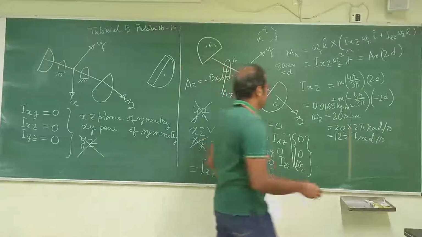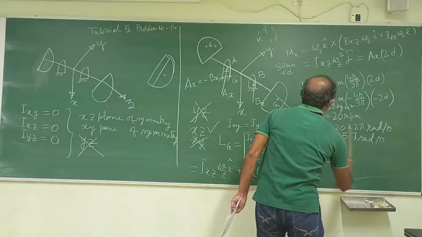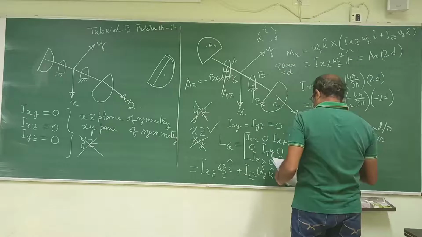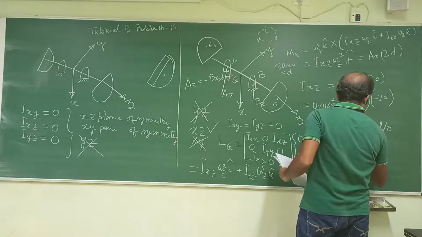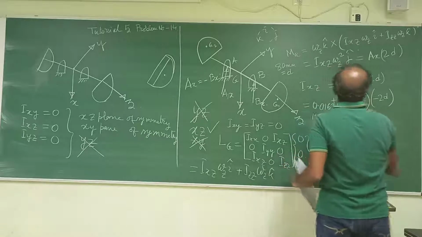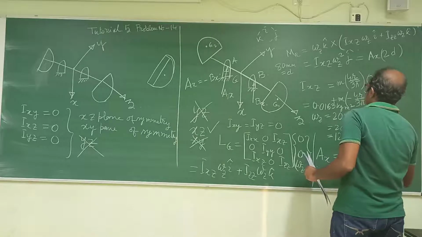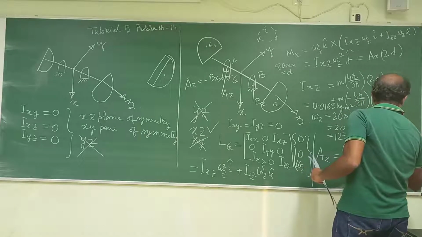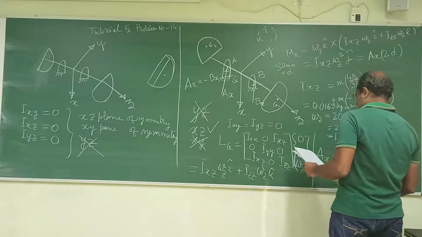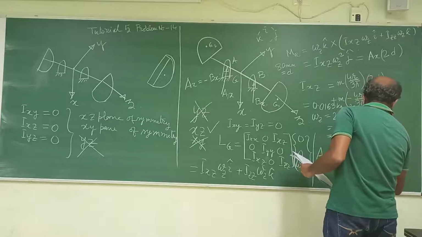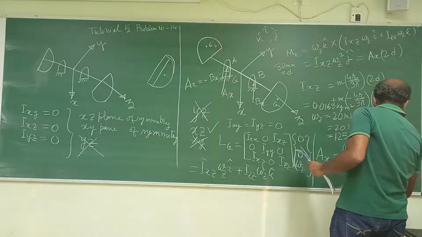So you are going to get ax, look over here, ax is equal to whatever moment you have chosen, that means 125.7 whole square into 0.0163, divided by 2 into 0.08, that is the 80 millimeter.